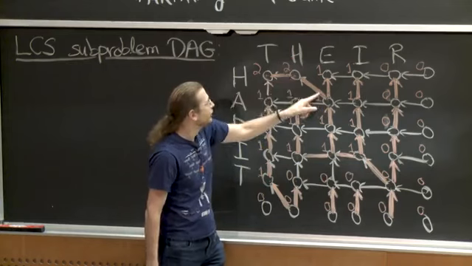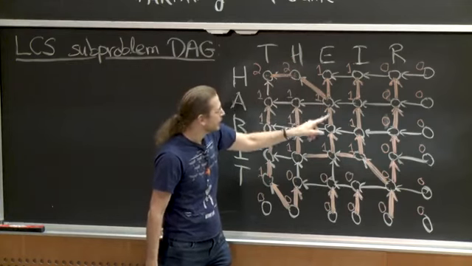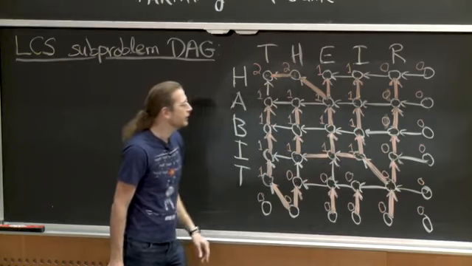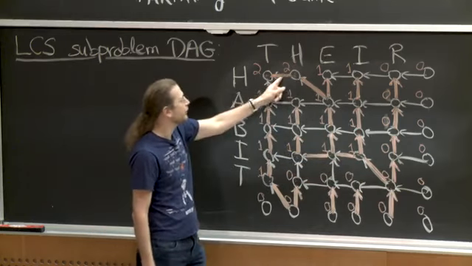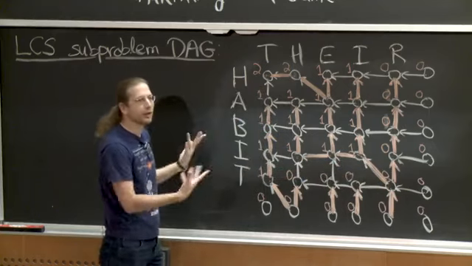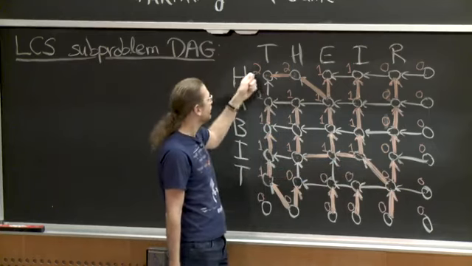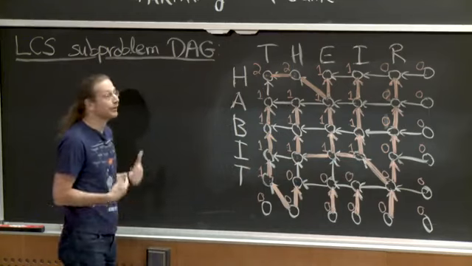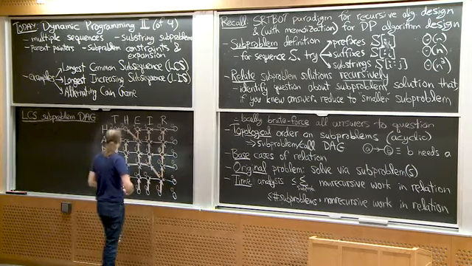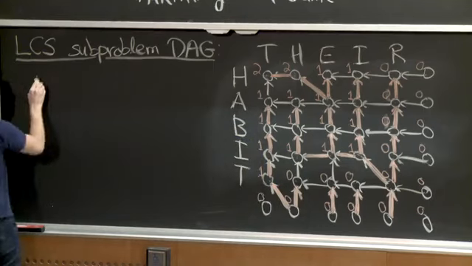So there's the H here, followed by the I here. And so hi is our longest common subsequence. In general, we just follow these pointers backwards, the red pointers, and we get our answer. So not only do we compute the length of the LCS, but we actually can find the LCS using parent pointers.